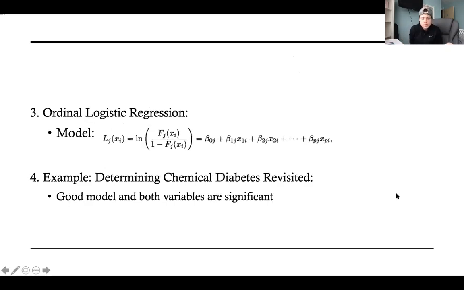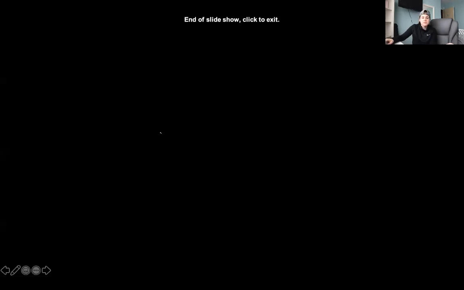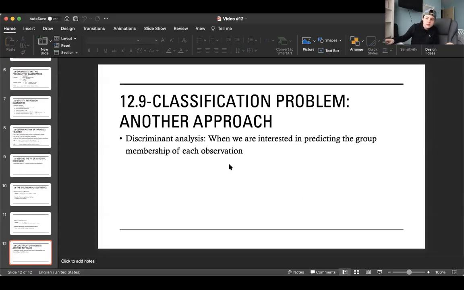The third subsection was ordinal logistic regression. A logistic model with slight modifications can be used in this case. So in this case, we're going to have a proportional odds model.